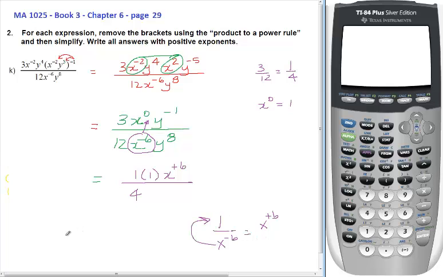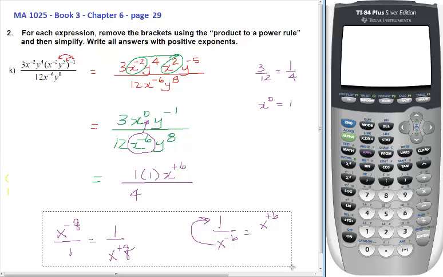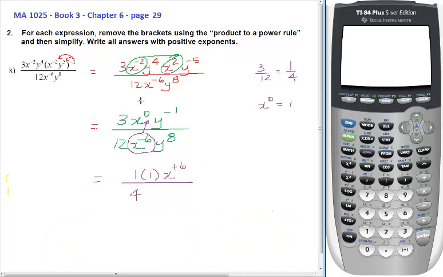If I have x to the negative q over 1, then it becomes 1 over x to the positive q if I move it down, right? So all I'm doing now is making all my exponents positive. Now I see another negative exponent right here. I'm going to move that down, right? So I get y to the positive 1. Now the y to the positive 8 doesn't move because it's already positive.